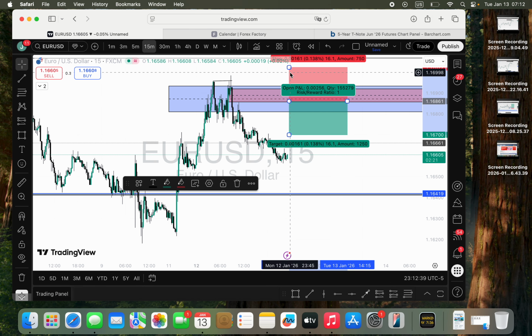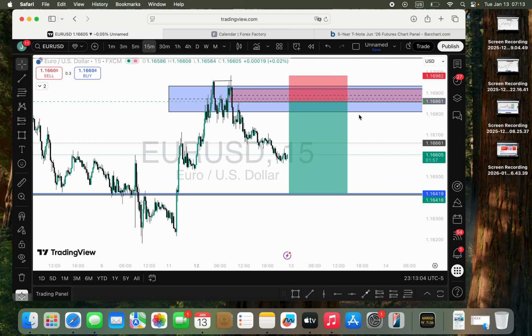So I might place, let's say, a sell at this point. Target in this region. So 1:3. Price might come, put an order alert. If price goes to this area, then I'll say this is my setup for the day.